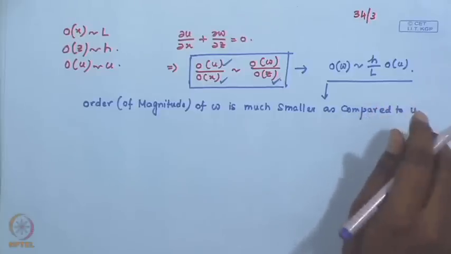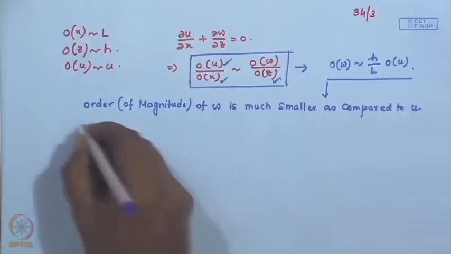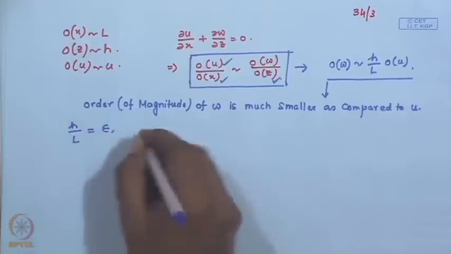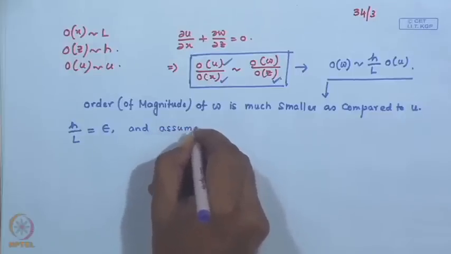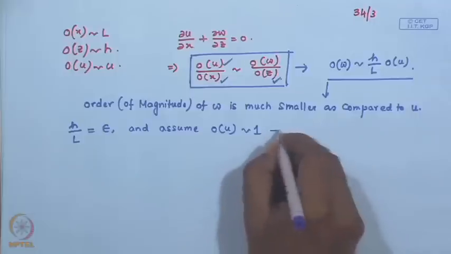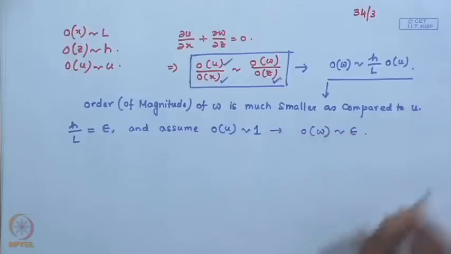Okay. So, if we assume h by L to be equal to epsilon and further assume order of u to be equal to 1, what we get, order of w is of the order of epsilon.